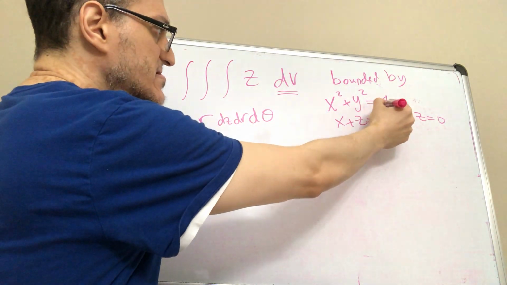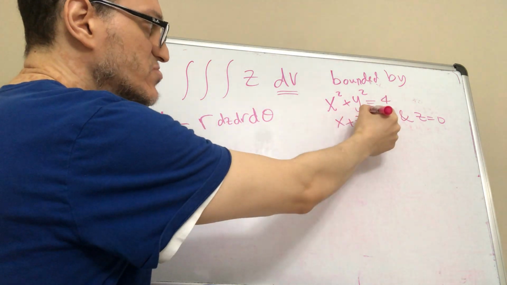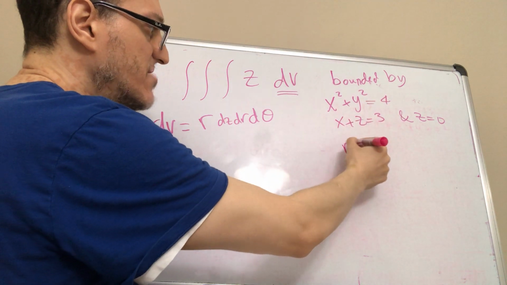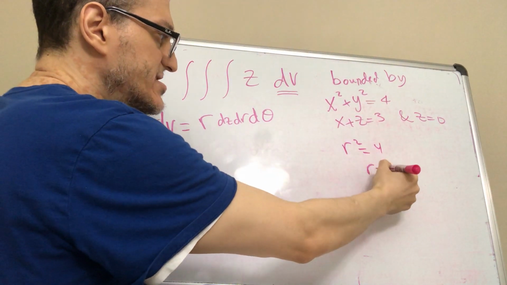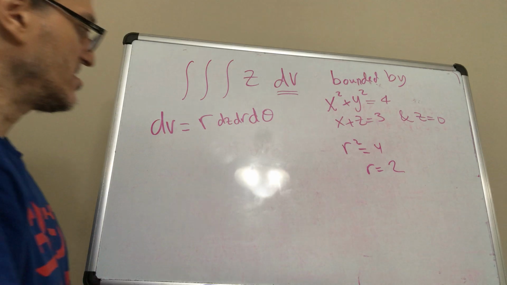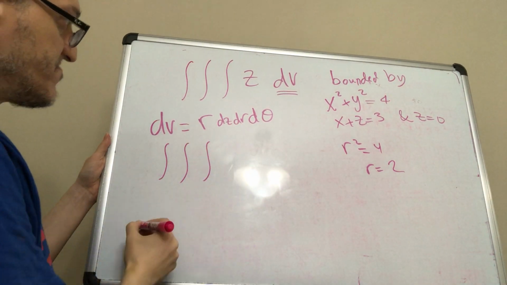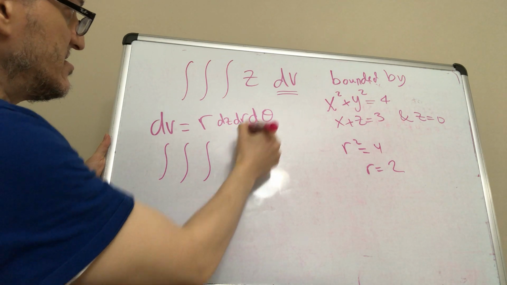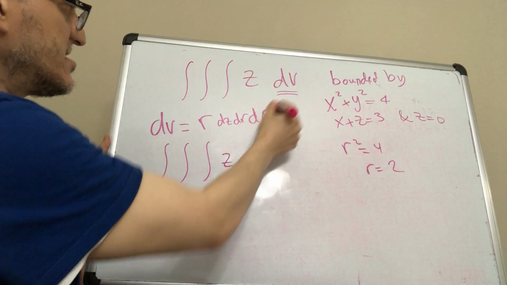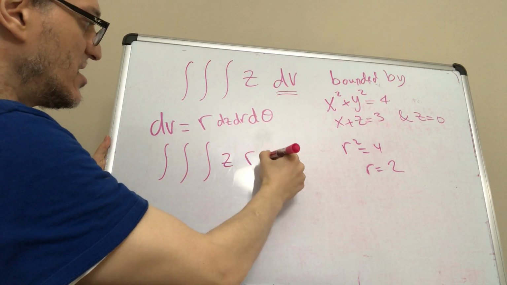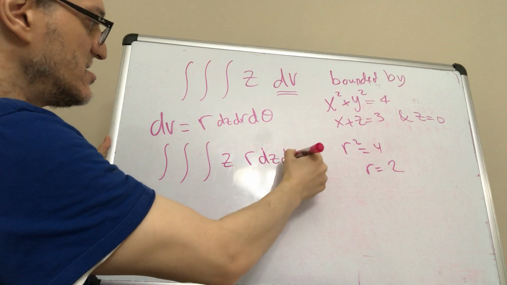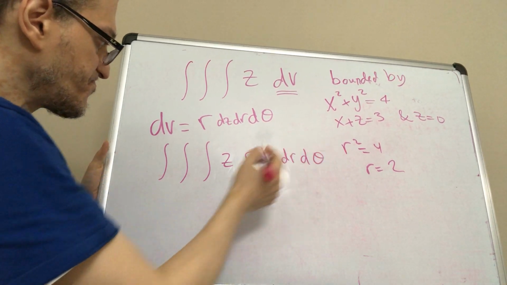So we start with this. We know x squared plus y squared is 4, that means r squared is 4, radius is 2. So I integrate z, instead of dv, we go r dz dr d theta.